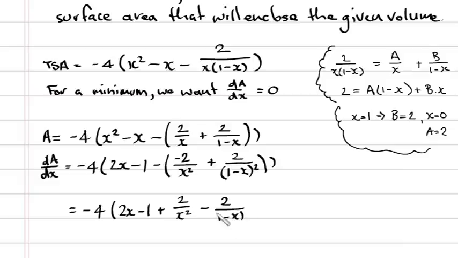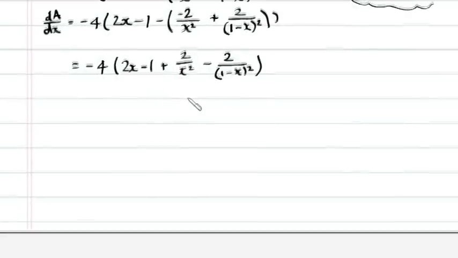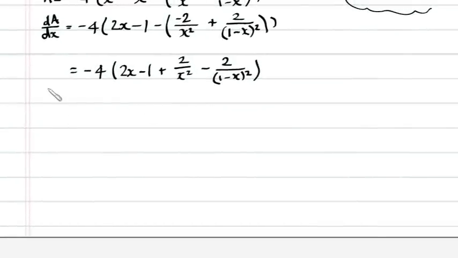And so that's our expression then for the derivative, dA/dx. Now, for this to be a minimum, then dA/dx has to be equal to 0. So we can set up our equation to solve for x. 0 equals -4 outside of 2x minus 1 plus 2 over x squared minus 2 over 1 minus x all squared.